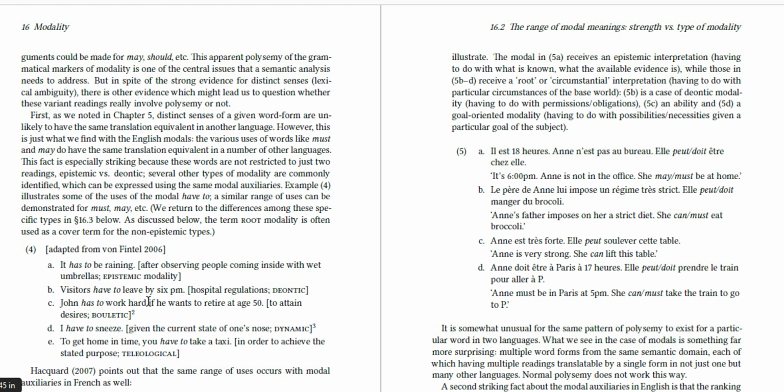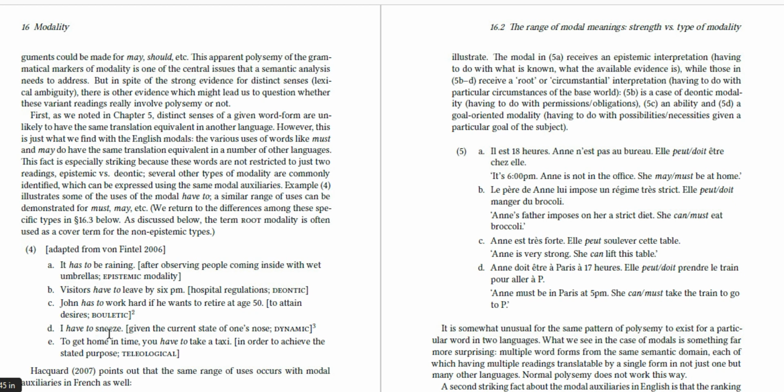So when something is related to regret or fear, desire, and hope, we link it to boulomaic. It's not about knowledge and it's not about rules, but about what you hope or what you are already regretting. John has to work hard if he wants to retire at age 50. So I hope that I could retire at 50 because I need to rest early. I don't want to keep working for so many years. It looks like long years.